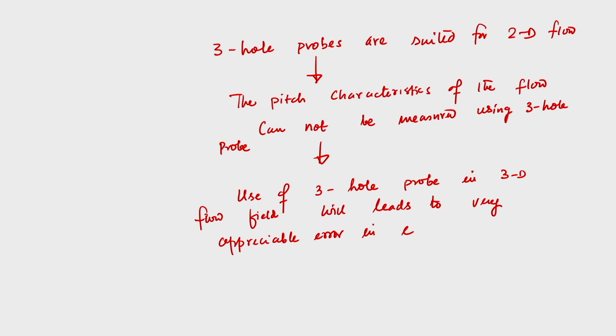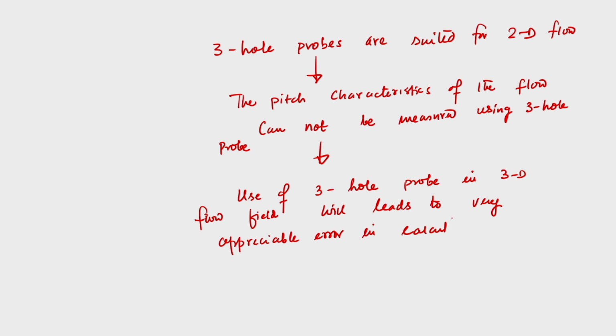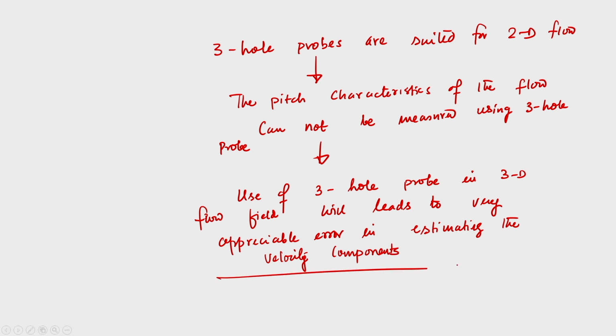So, if we use this probe either by mistake or knowingly, eventually the measurement will lead to a very appreciable error in estimating the velocity components. So, this is the most important drawback of using a 3-hole probe.